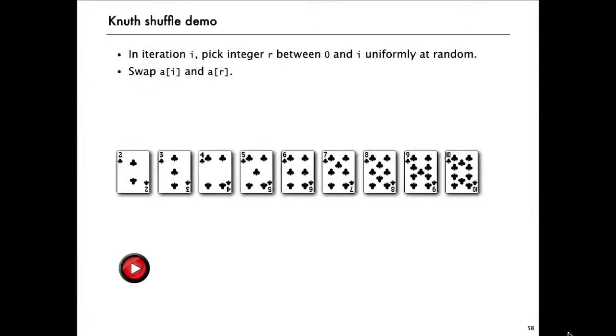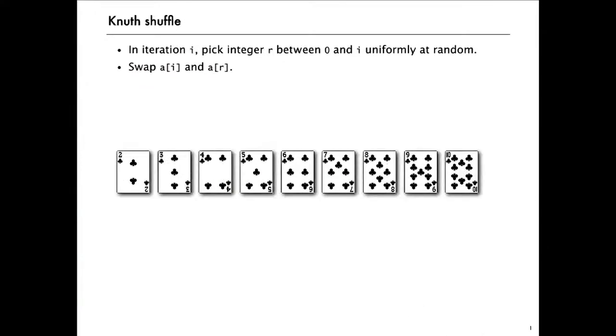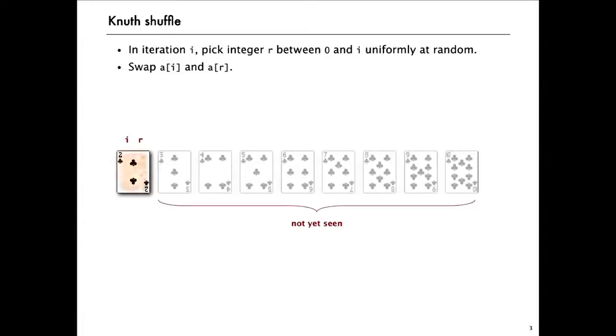Let's look at a demo. The idea is to pass through the array from left to right with an index i, as we've been doing. Now we start with the array in order, and actually it doesn't matter how we start the array. Every time, we pick an integer between 0 and i uniformly at random and swap a[i] with that integer. So let's look. At the beginning, we don't do anything. We just swap it with itself.